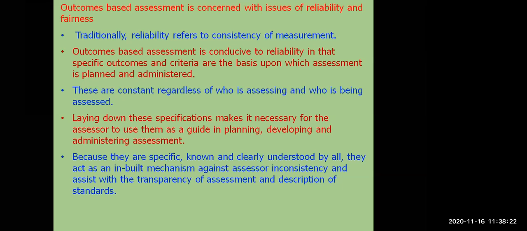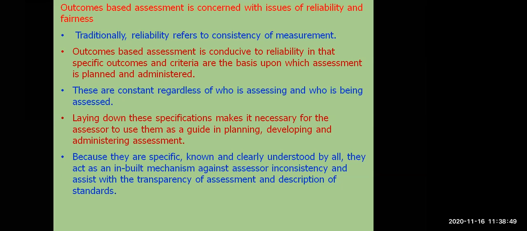So when the assessor knows, the student knows, they have to match. Whether I do the assessment or you do the assessment or a third person does the assessment, the result should be the same. If the student knows, that means he has reached that level. If the student doesn't know, he has not reached that level. These are constant regardless of who is assessing and who is being assessed.